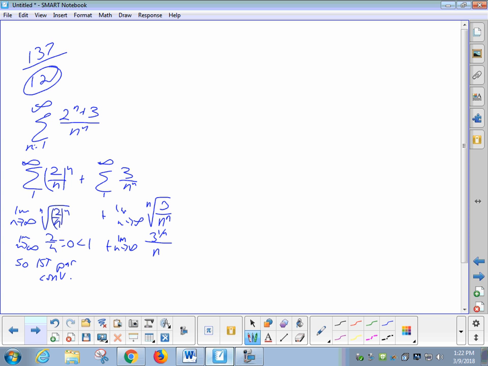What does 1 over n go to? 0. And what does 3 to the 0 go to? 1. So this goes to 1 over infinity, which goes to 0. That is less than 1, so that converges. And so finite sum plus finite sum means the total converges, yes?